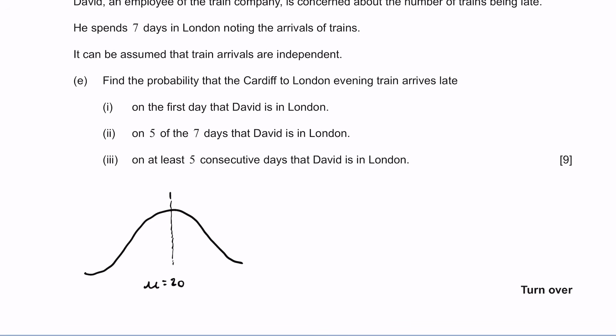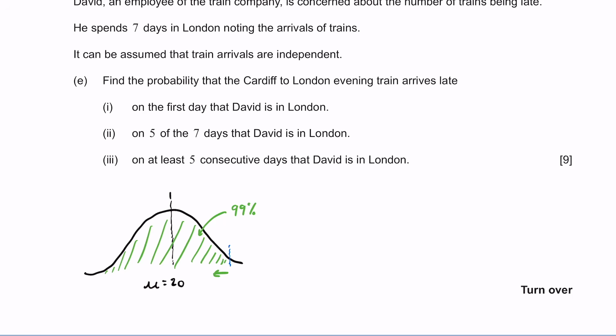So essentially, the train arrives on time at 6 o'clock, maybe it even arrives early, all the way up to some point right here, where we can say that 99% of the values are to the left of this point.